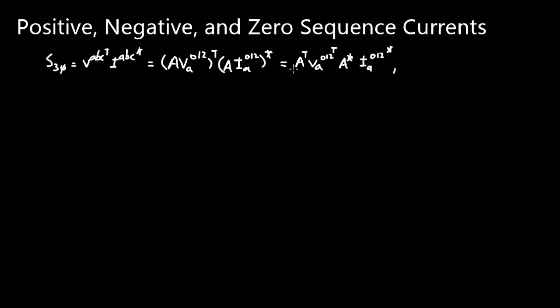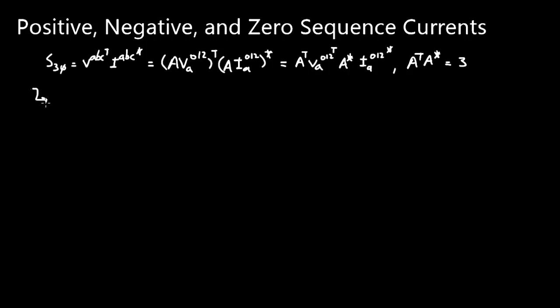Now if we calculate A transpose times A conjugate, so A^T A conjugate, we would get that that's equal to the constant 3. I'm not going to go over all the math behind that, but if you take the transposition of the A matrix and multiply times the A matrix conjugate, you would get that that's just equal to 3.